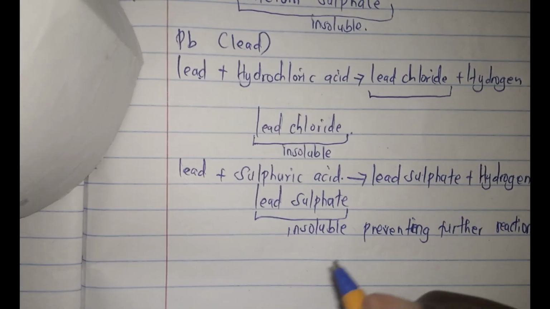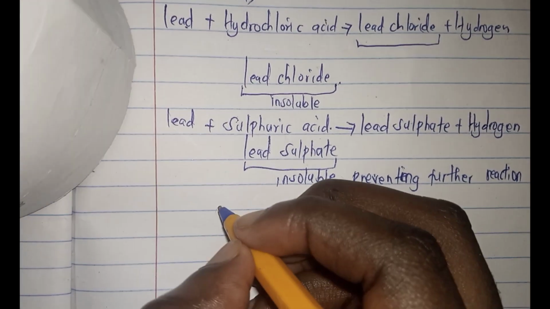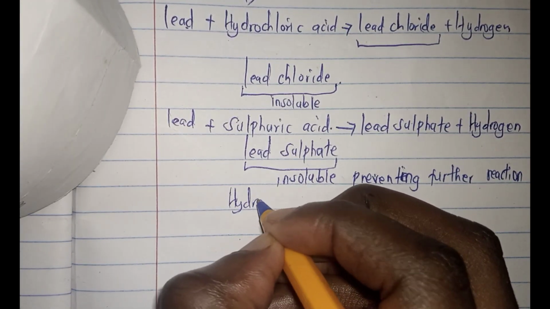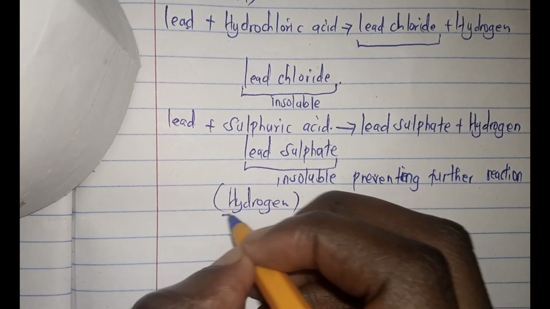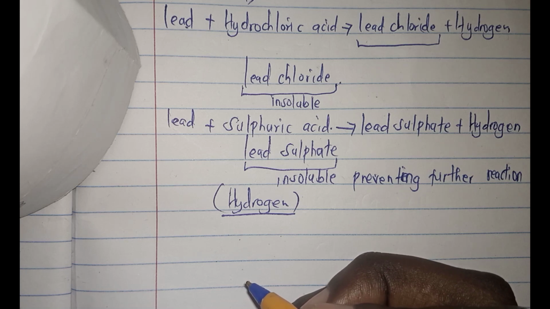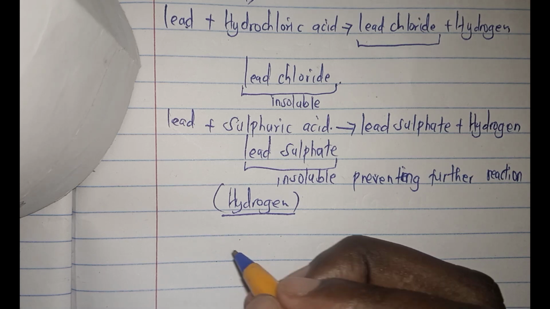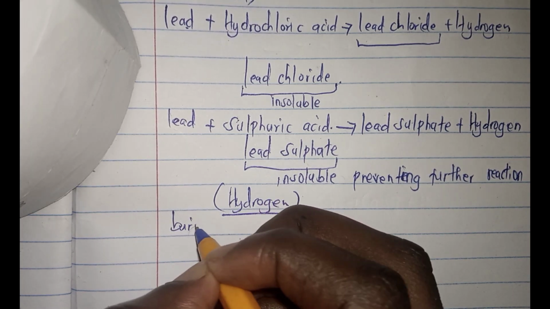Remember, the gas that is produced when an acid and a metal react is hydrogen gas. Remember the test for hydrogen gas. The gas produced is hydrogen gas, and the gas is tested using a burning splint.